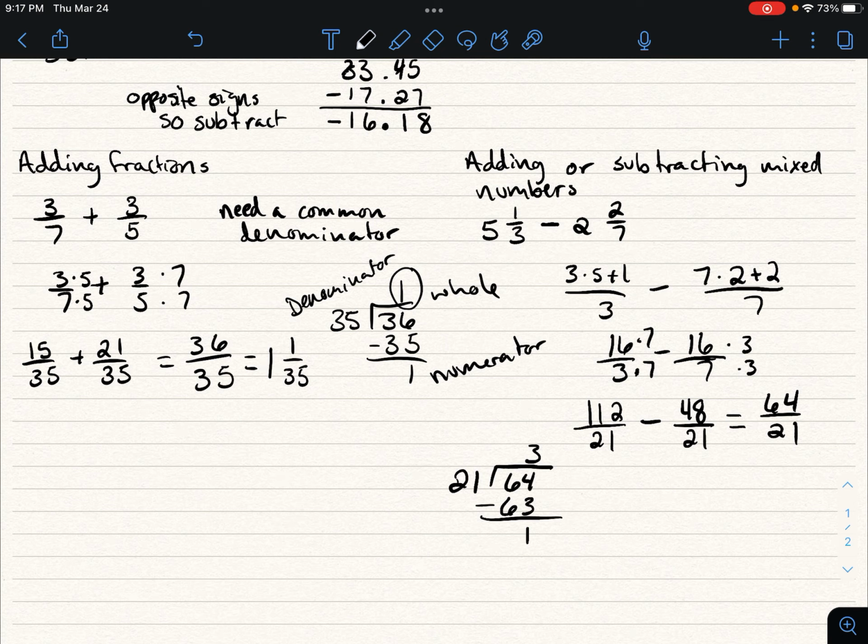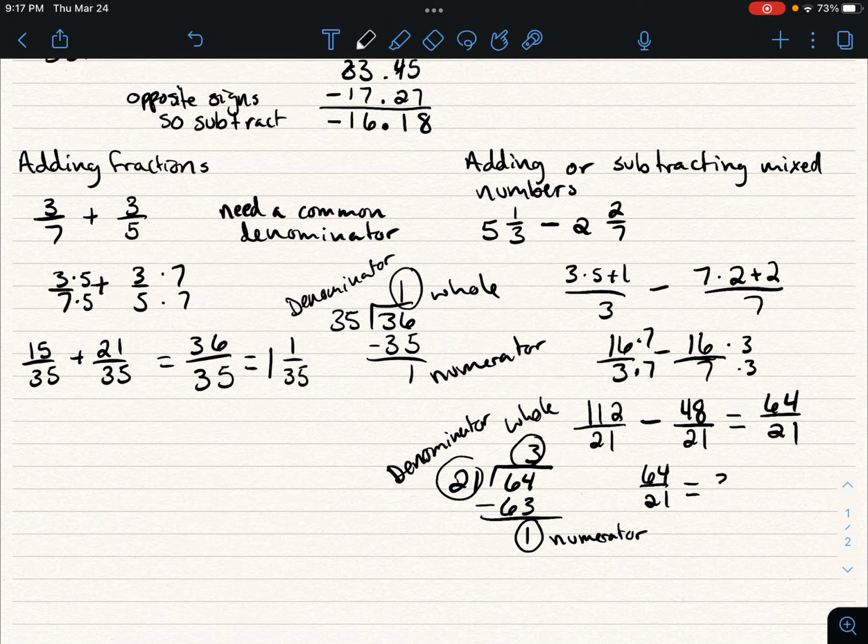So once again, this is our whole number. This value is our denominator. And this is our numerator. So 64/21 is equal to 3 and 1/21.